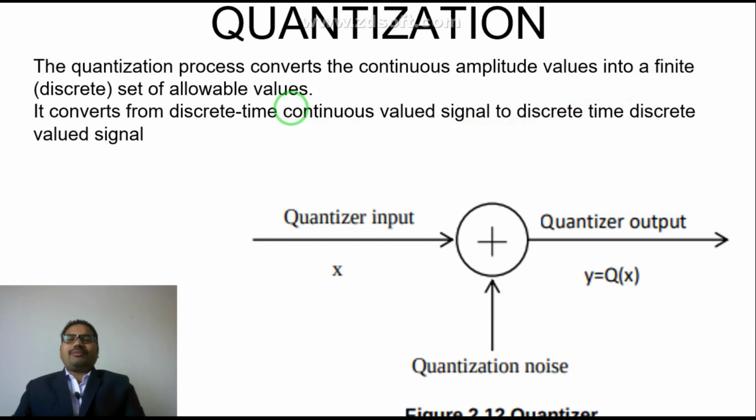Please note it down: quantization converts a discrete time continuous valued signal to a discrete time discrete valued signal. Here is the figure of quantization. There is the quantization input, the quantization noise, and the quantizer output, y equal to q of x, a function of the input.